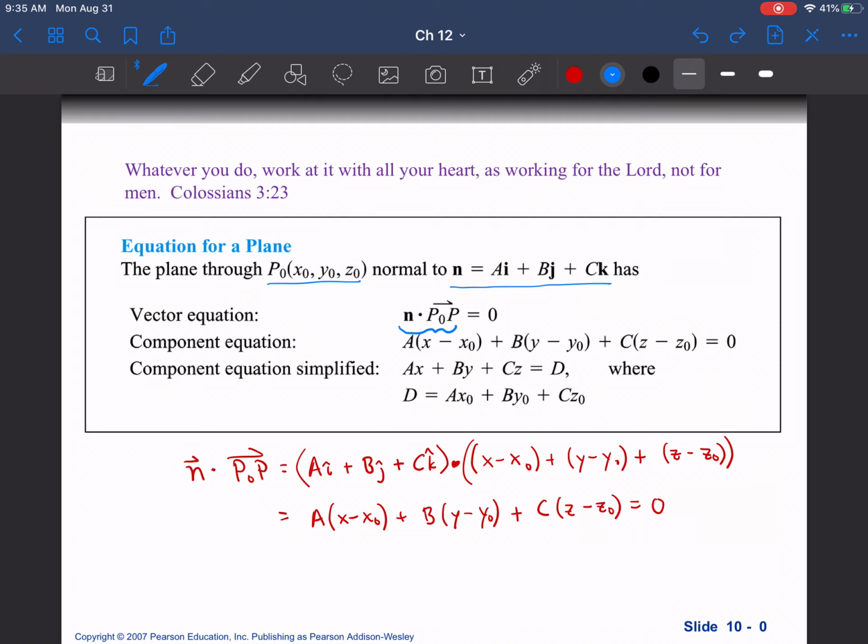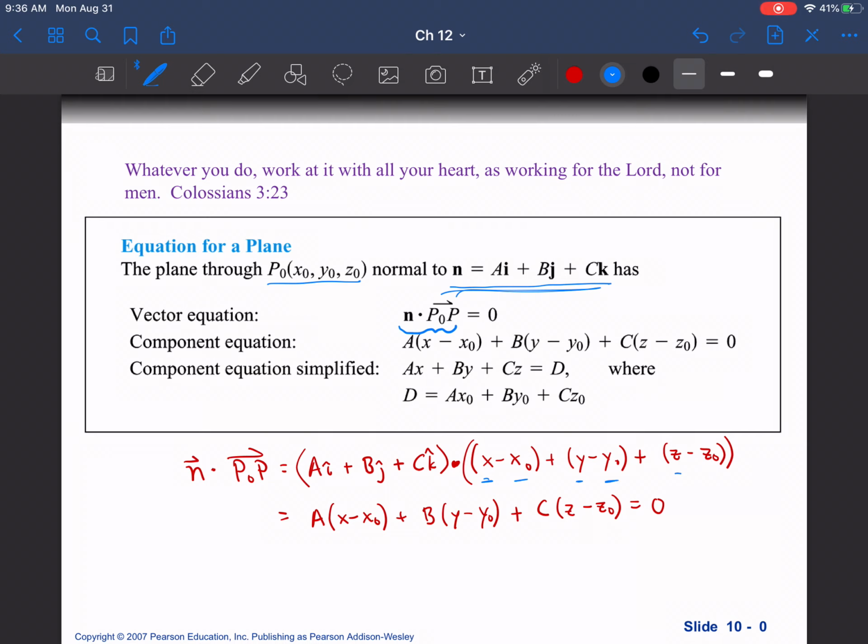Then to find the vector P naught P, we take all the components of P minus all the components of P naught. So that's going to be some variable x minus a specific point x naught, some variable y minus a specific point y naught, that's our P naught point, and then z minus z naught.